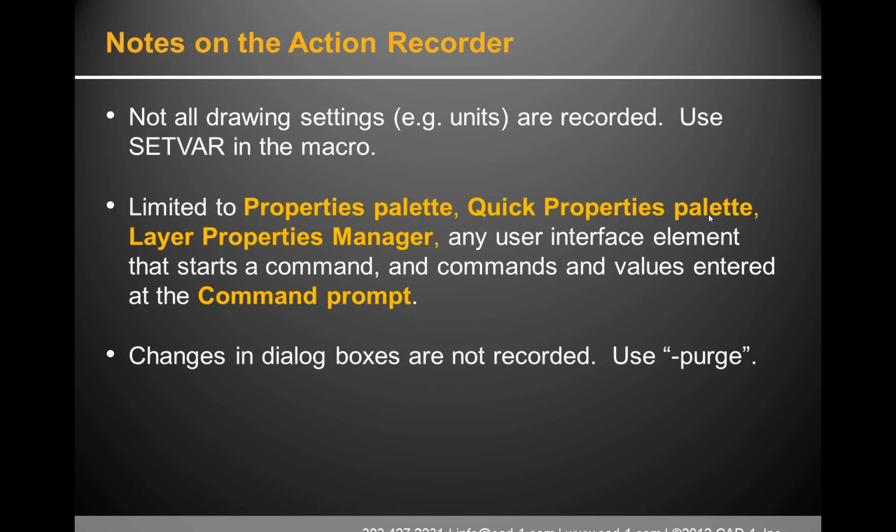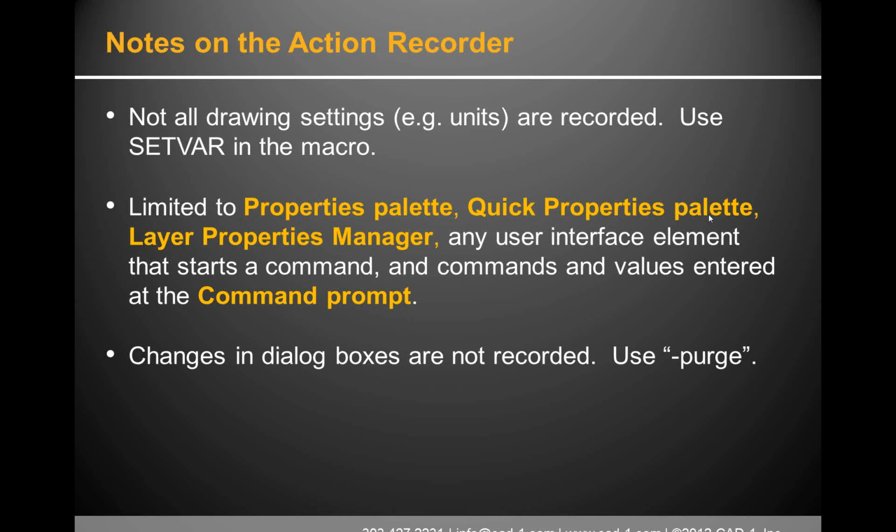What it does not record, you see the last line there, is that changes in dialog boxes will not be recorded. So as an example, you might have to type the -purge command. Many people might not be familiar with this, depending on how you were taught to use AutoCAD and when you learned it.